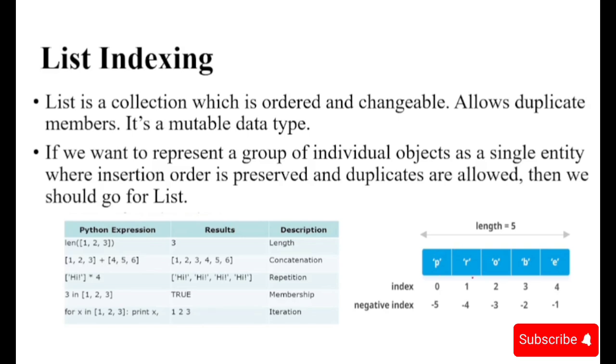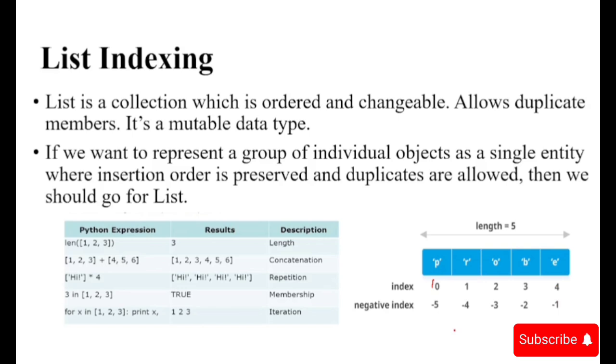We have a length of 5 characters, PROPE. When we talk about positive indexing, we start from 0. We have 0, 1, 2, 3, and 4. And then negative indexing, we have negative 1, negative 2, negative 3, negative 4, and negative 5.